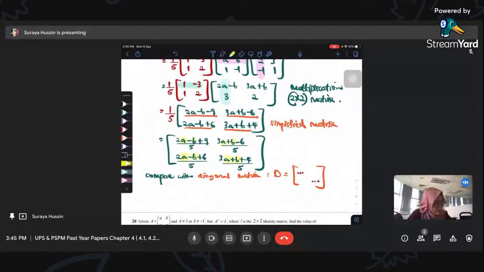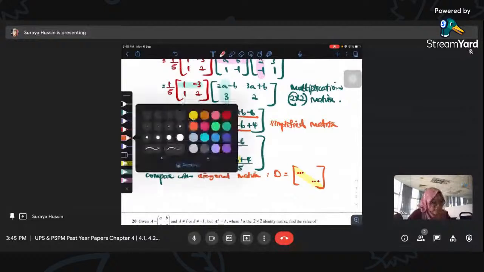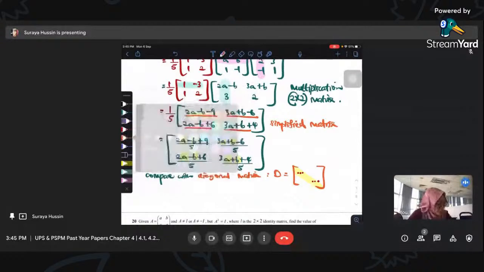At the diagonal line, it could be any numbers, but the rest of the element, it should be 0. So your job is to compare with yang ada 0. Yang ada 0. That is your job. You got me? So this is where you compare it with yang ada 0. Lagi senang.